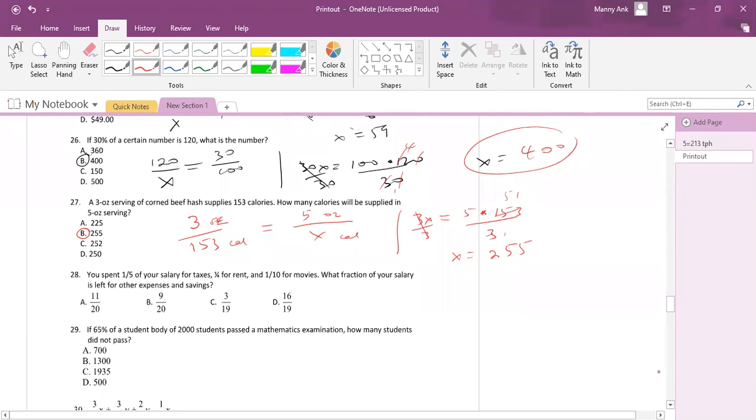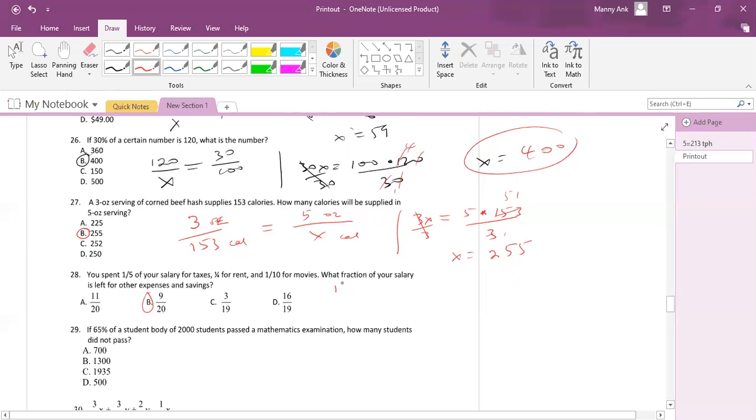28. The answer is B. 28 is B. You spend 1/5 of your salary for taxes, 1/4 for rent, 1/10 for movies. What fraction of your salary is left for other expenses and savings? So you have to add them up to know how much you spent on all these things.